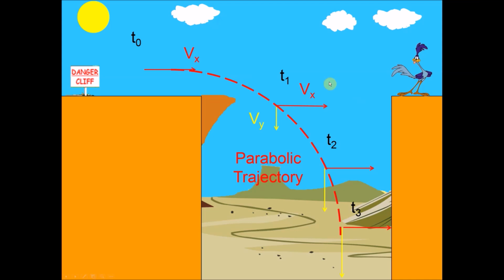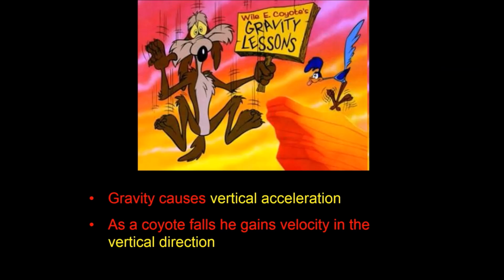That will make him move in this parabolic trajectory. And that's the real physics behind the parabolic trajectory for an object moving in 2 dimensions under gravity. So gravity is causing a vertical acceleration, and he's gaining velocity in the vertical direction as he falls, and Vx stays constant.